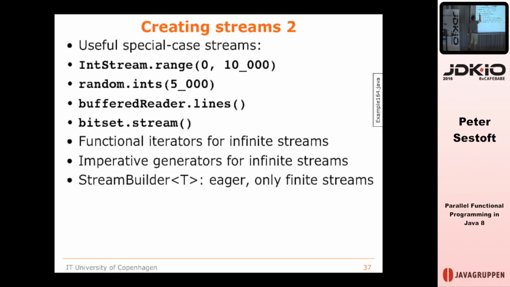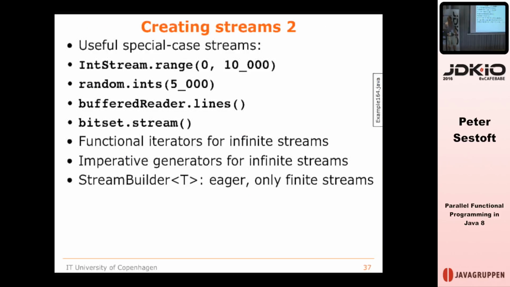A Random object has an ints method that creates a stream of 10,000 random elements here. From a BufferedReader, you can create a stream of strings with lines, but that's, I think, the only one that's attached to the I/O system. And from a BitSet, you can get a stream of the integers represented by this set. And then there are functional iterators to generate infinite streams, imperative generators for infinite streams, and stream builders.